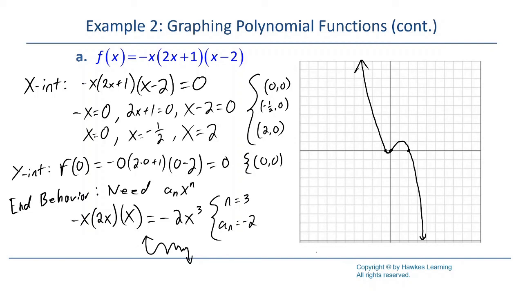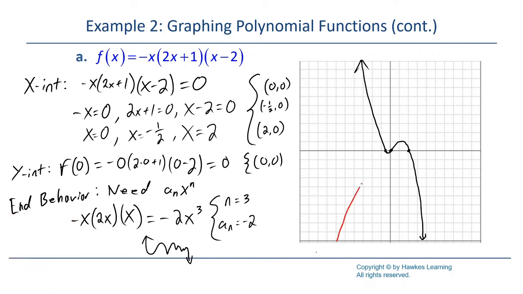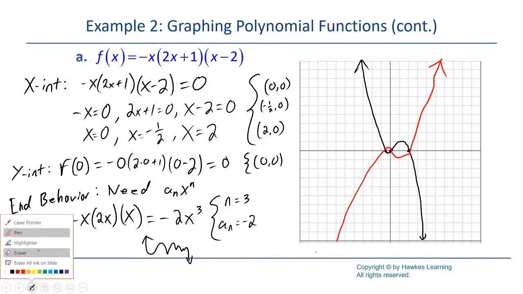One kind of takeaway here is, notice if I had not done the check, I could have actually graphed this. I could have done like this and made it come up through here. That would have been a way that I could have graphed it.